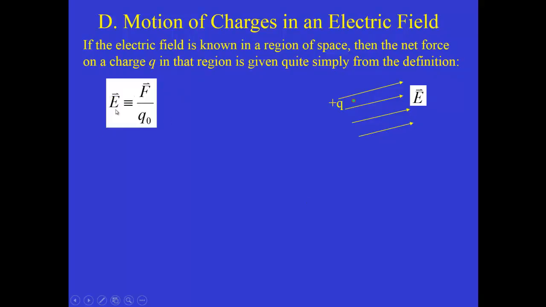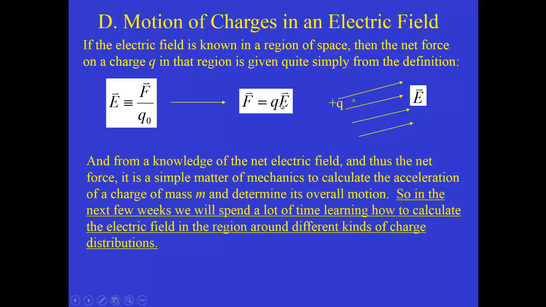Well, the definition of electric field is force per unit charge, and so if we have an electric field to start with, and there's a charge Q that comes into its vicinity, the force is just Q times E. Be careful, because the Q can either be positive or negative in this equation. If this is a positive charge, it will feel a force along the direction of the electric field. However, if it's a negative charge, it will feel a force opposite to the direction of that field.